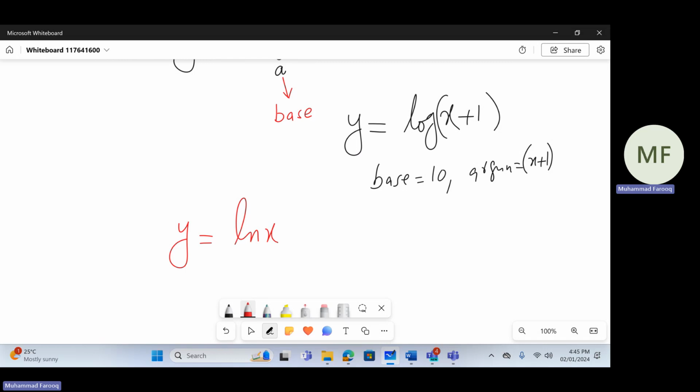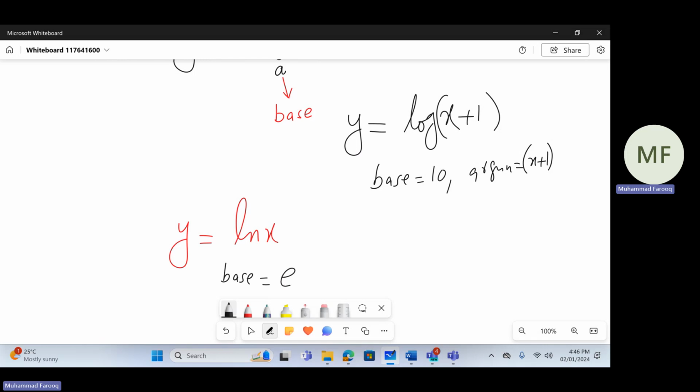In ln(x), the natural log, it is confirmed its base is e, the special constant 2.718 and so on. It's an irrational number, a non-terminating number, meaning after the decimal it continues throughout. So this natural log base is always e.